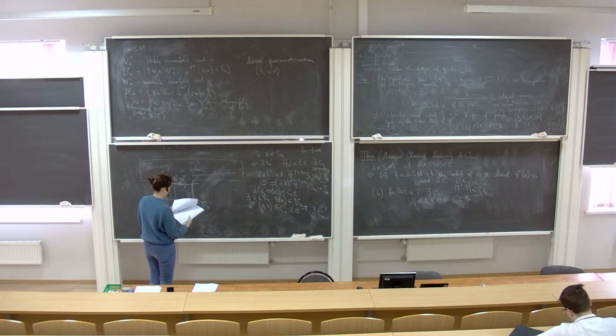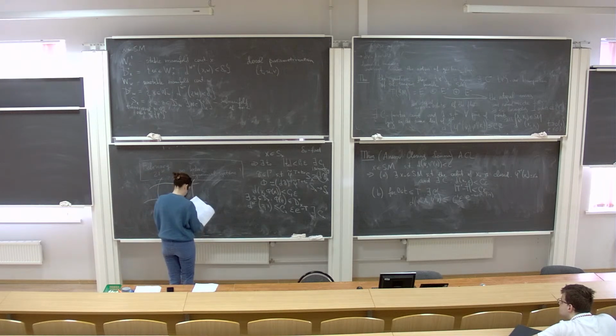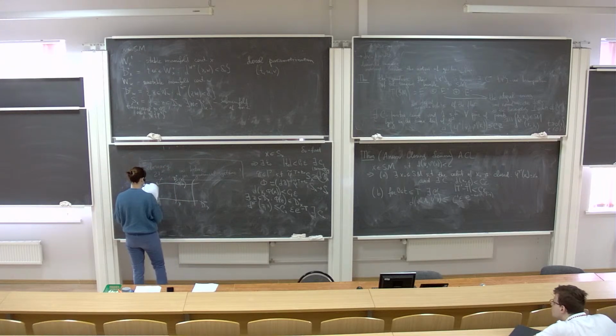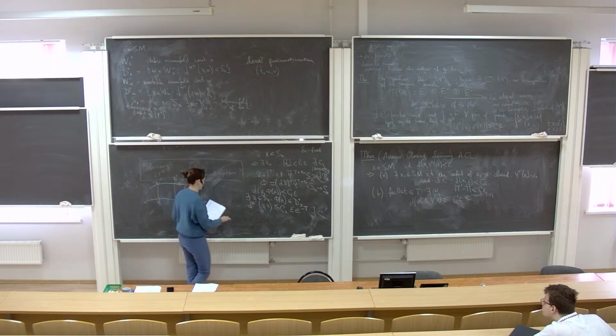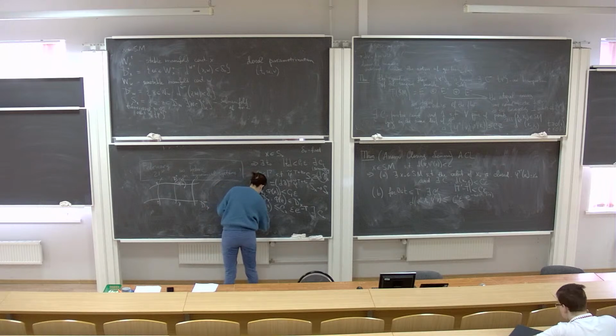And now we take x1 that will live here at the intersection of these two lines. What does it mean to be at the intersection of these two lines? It means that x1 belongs to d minus phi of z intersected with d plus of z.